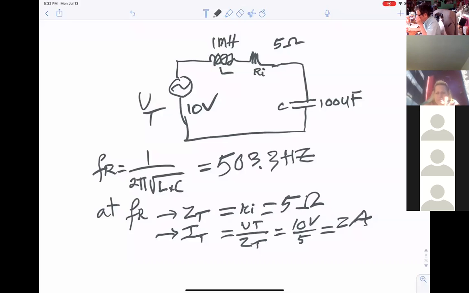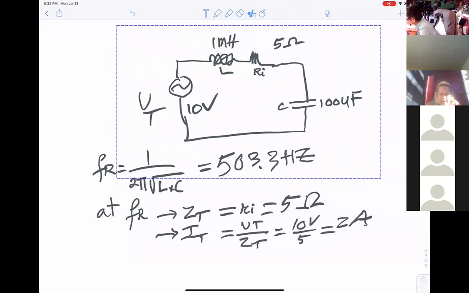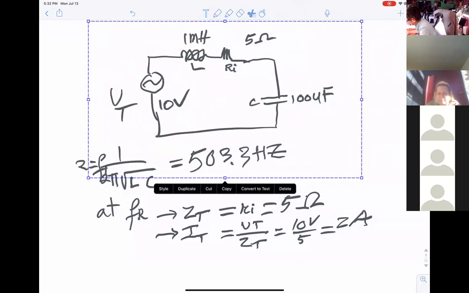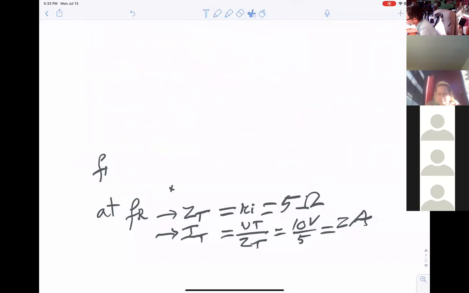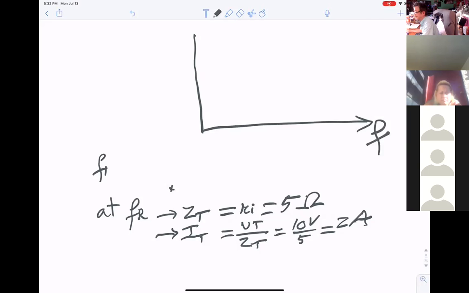And now, that will be brought up in the frequency domain.